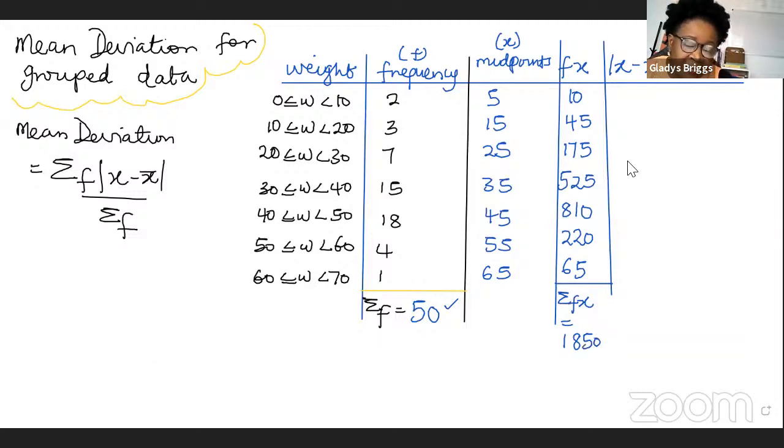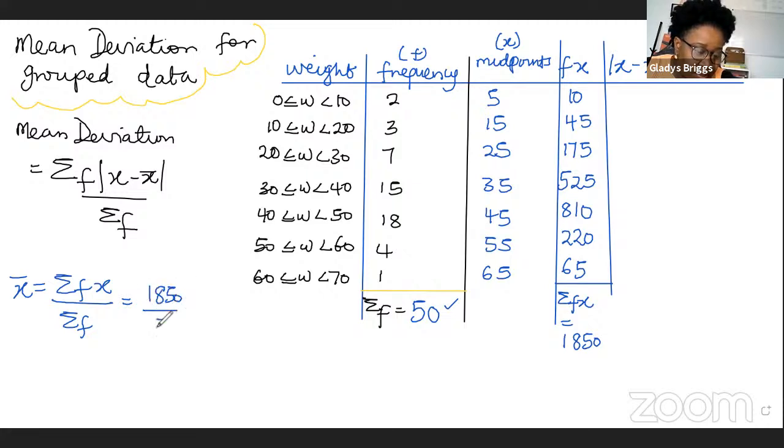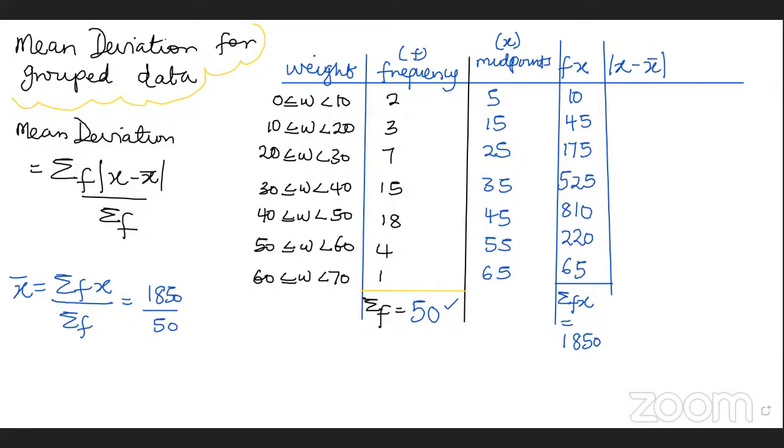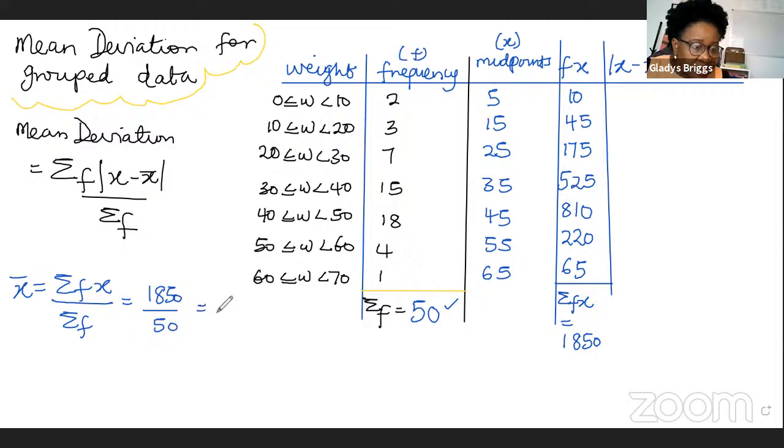You can cross-check that. So x bar would be equal to 37.